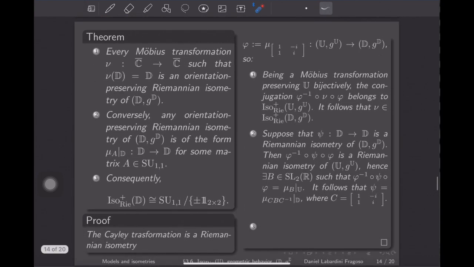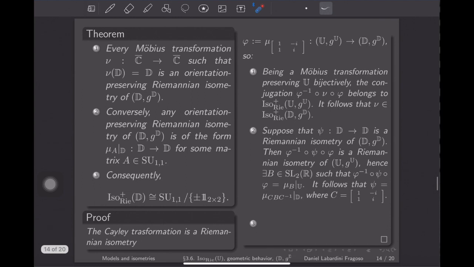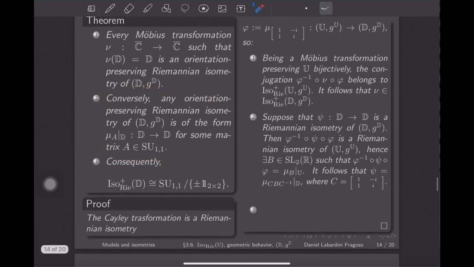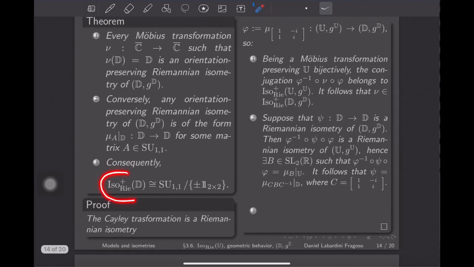Okay, now the theorem is that, you see, just as we proved that every Mobius transformation of C bar that preserves U bijectively is an orientation preserving Riemannian isometry of U, the corresponding statement is true for the Poincaré disk. And conversely. And this means that the group of Riemannian isometries of the Poincaré disk that preserve the orientation is this quotient of SU(1,1) modulo plus minus the identity.